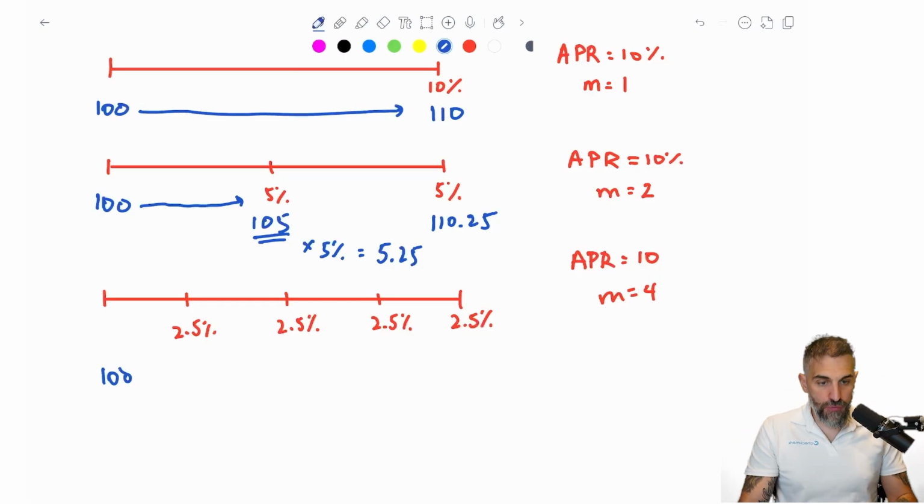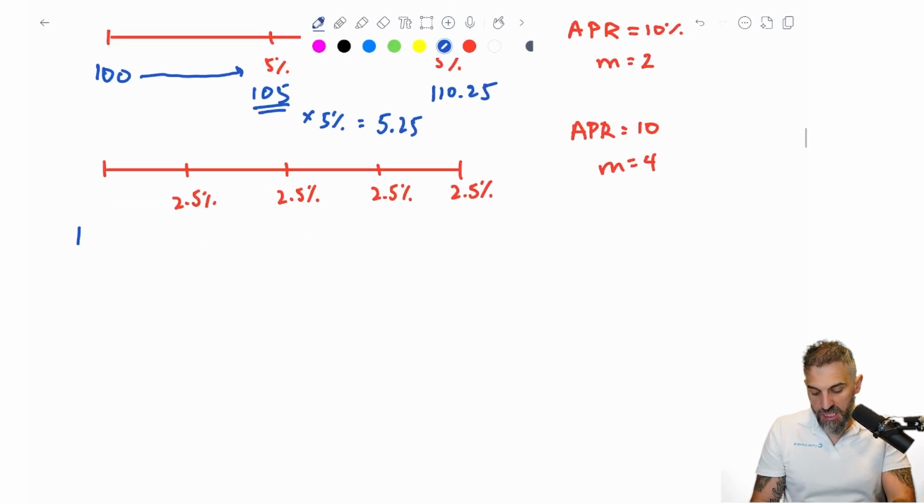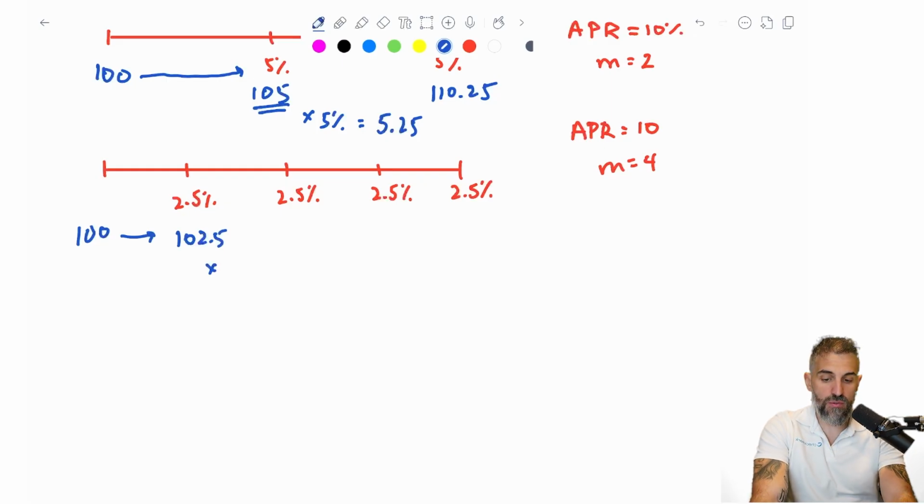Now let's see what happens if we break it up 4 times. First, we're going to earn 2.5% on 100. So that's $2.50, so now I have 102.5. Then I'm going to earn 2.5% on this. So if I want to add 2.5% to 102.5, I'm just going to multiply it by 1.025. Now I have 105.06.